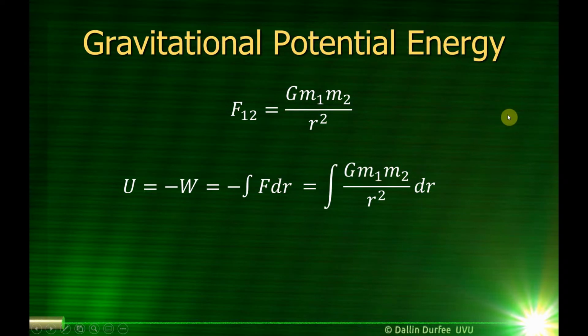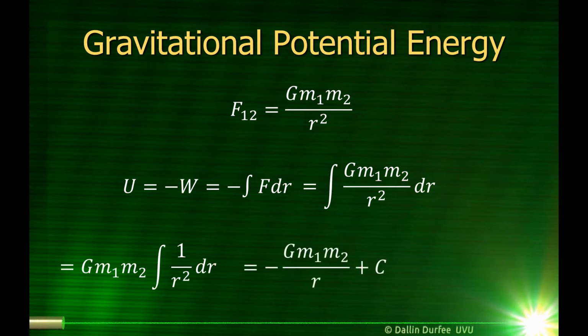It cancels out. Well, m1, m2, and G are constants, so they come out of the integral. And the integral of 1 over r squared is just negative 1 over r plus a constant. All right, so that is the gravitational potential energy that we get from Newton's law of universal gravitation.